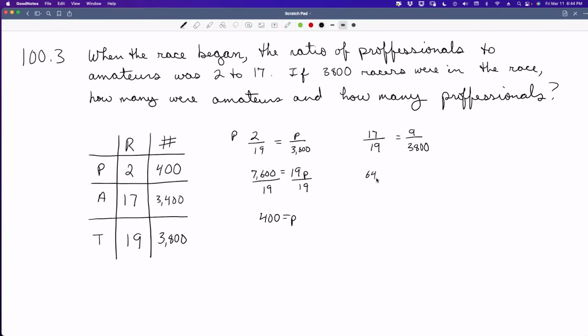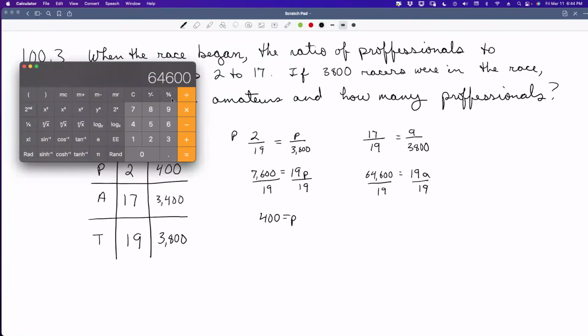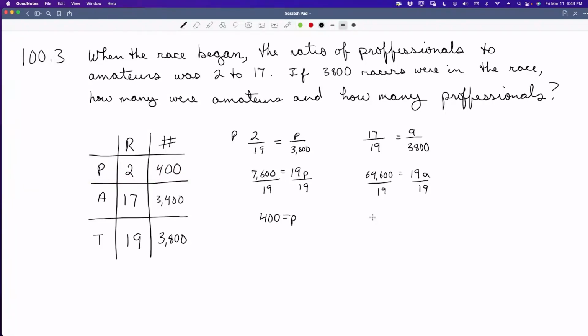So 64,600 is equal to 19A. That's the number of amateurs. So I divide both sides by 19. And I find out that that is going to be a total of 3,400 amateurs, which is the number we came up with whenever we did the subtraction.